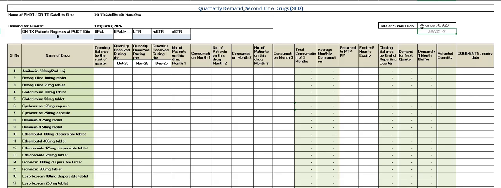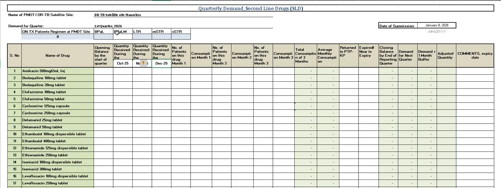So look, these months are converted: October 25, November 25, and December 25, which are the months of the fourth quarter of 2025. Means when you are going to demand the drug for the first quarter of 2026, here you will find the 3 months of the previous quarter, the fourth quarter of 2025. So this is a very important thing.